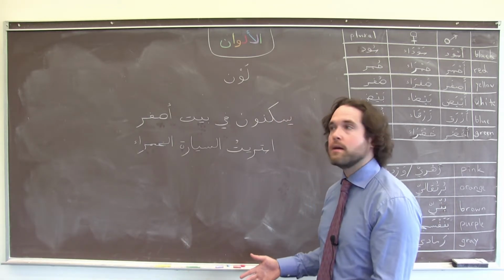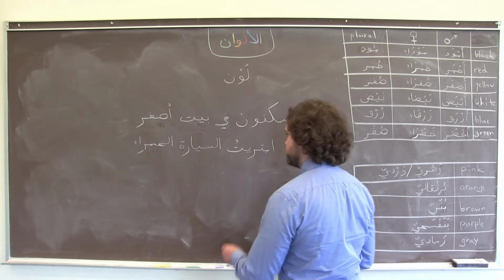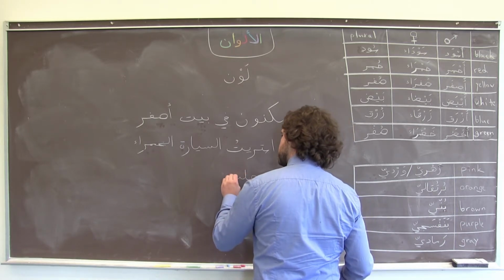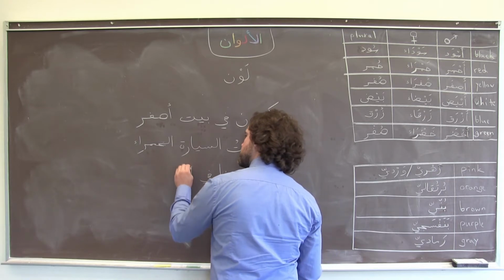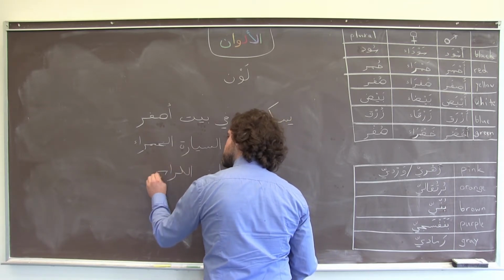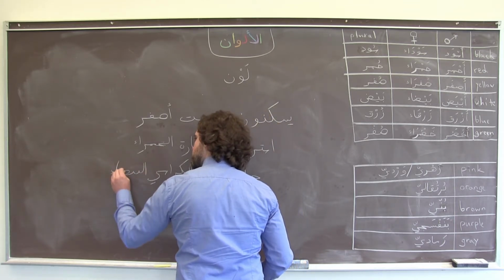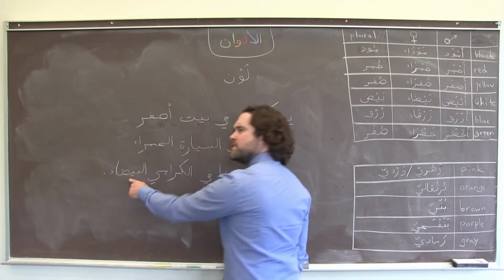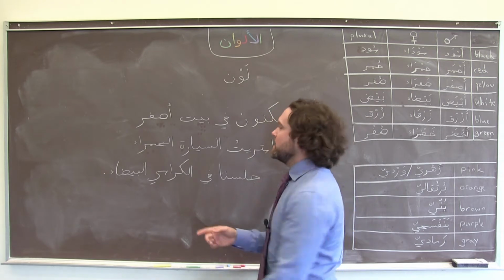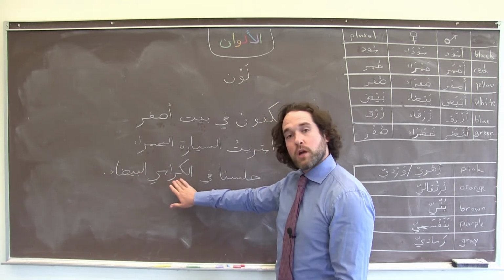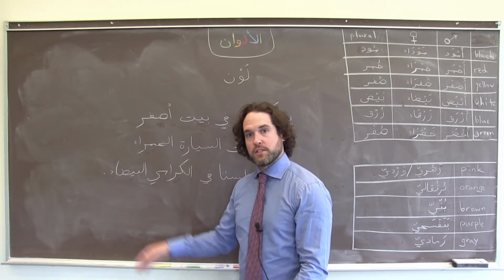So if we wanted to say, we sat in the white chairs, we would say جلسنا في الكراسي البيضاء. So that adjective looks like it's feminine singular according to our pattern here, but we're describing multiple chairs. The chairs are non-human, so they're going to take a feminine singular adjective.